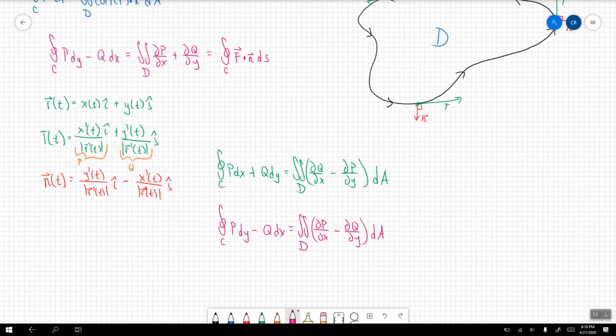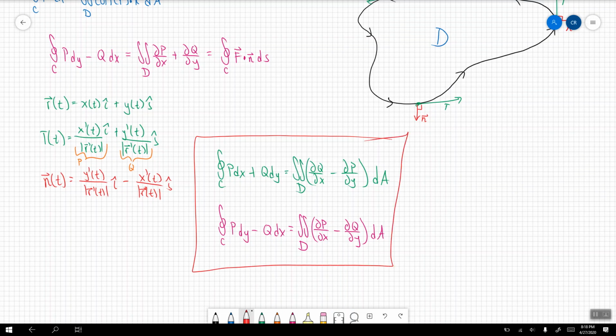These are the two forms of Green's theorem that we use, and they're slight variations of one another. Oh my goodness, that was a plus in there for that very last one. My apologies.